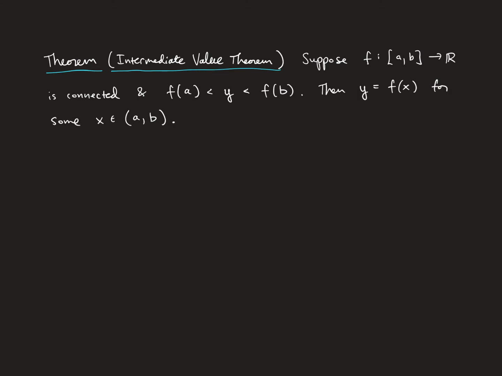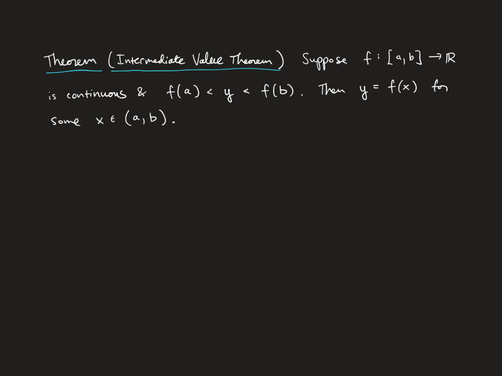I'm sure this theorem doesn't need too much introduction, but recall what this says: suppose F is continuous, and let's say that F of a is less than F of b, and we have some value y in between there. Then that value y is hit by the function F. So there's some x in between a and b such that F of x equals y.